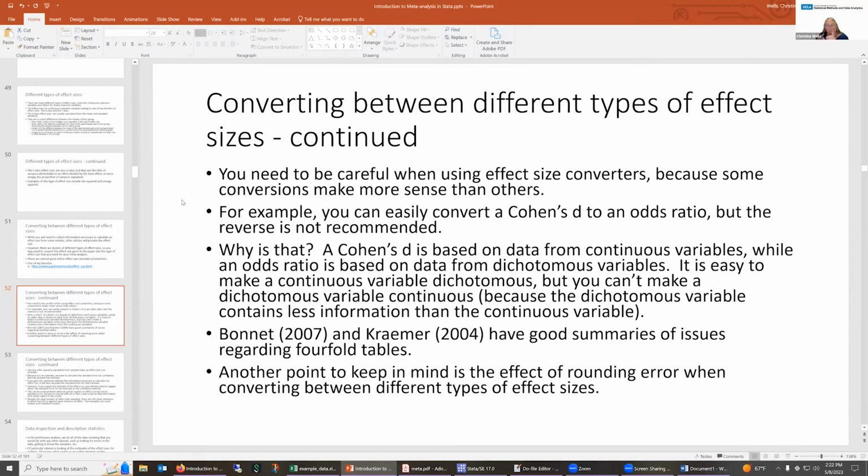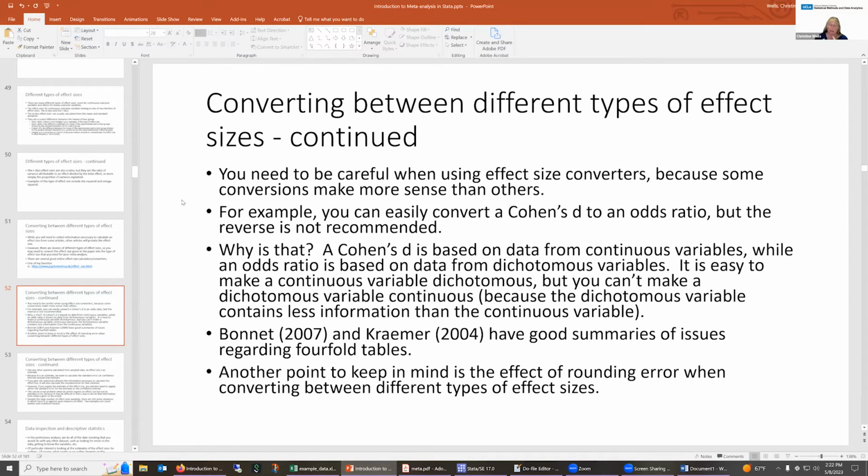You can't really get your head around that. I don't know how that would work. If I've got a binary variable, I don't have any good way to get it back into some sort of continuous metric, right? So when you're working with these calculators, they'll go which way you ask them to go.